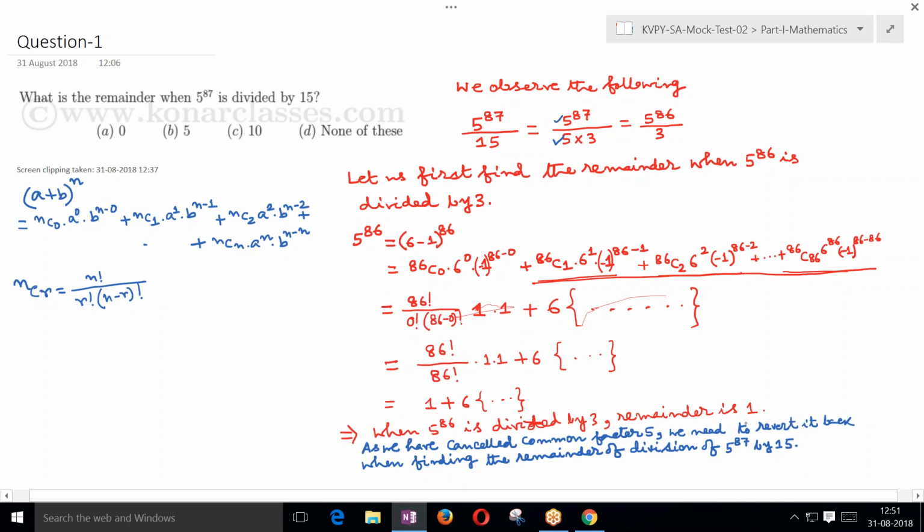And the remainder is 1 into 5, that is equal to 5.